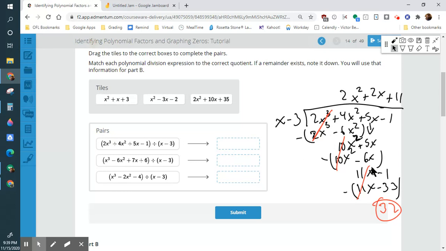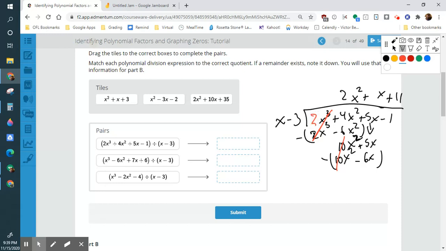No, that should be an 11. 2x squared. Oh, I see what I did here. I accidentally put a 5 because I saw this. I'm like, yeah, it's totally like 2 times 5. It's supposed to be 10, obviously.